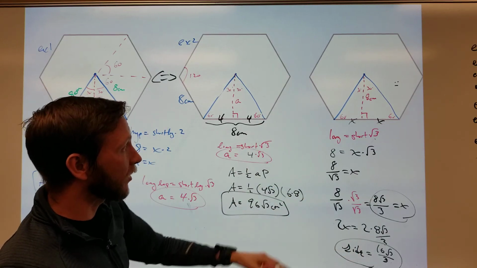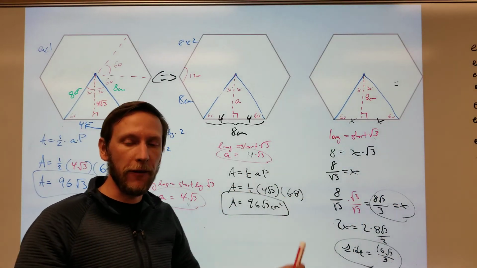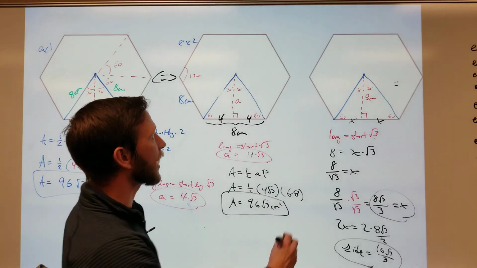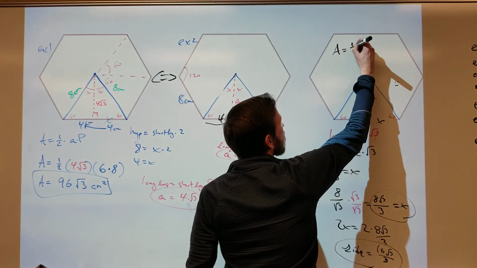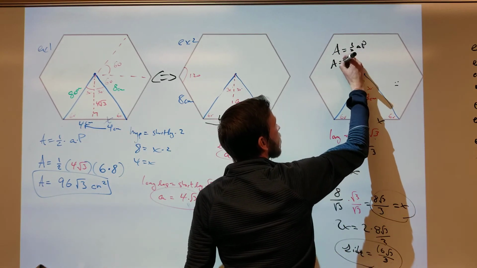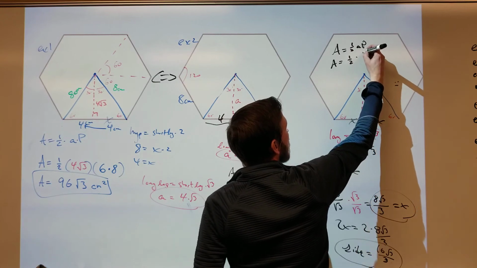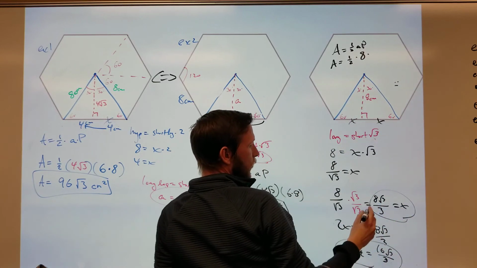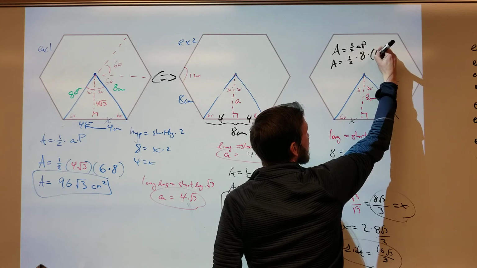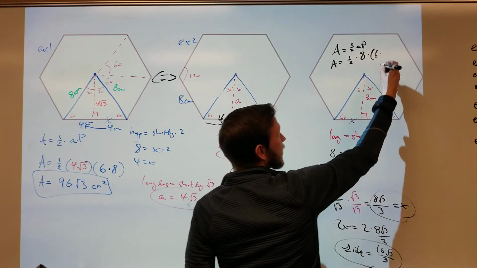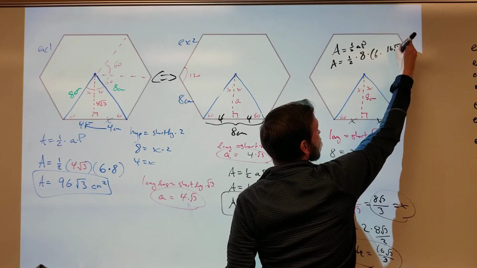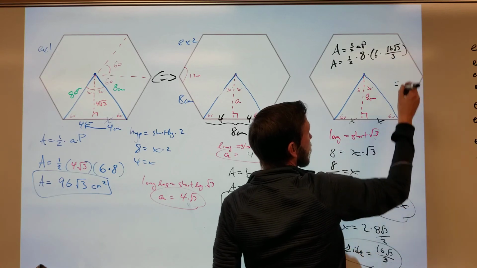Once we know the side length, we already have the apothem, we can find that perimeter. All right, so the area is found by taking 1/2 apothem times perimeter, or 1/2 times 8 times the perimeter. The number of sides is 6 times the length of each side, 16 times the square root of 3 over 3. All right?